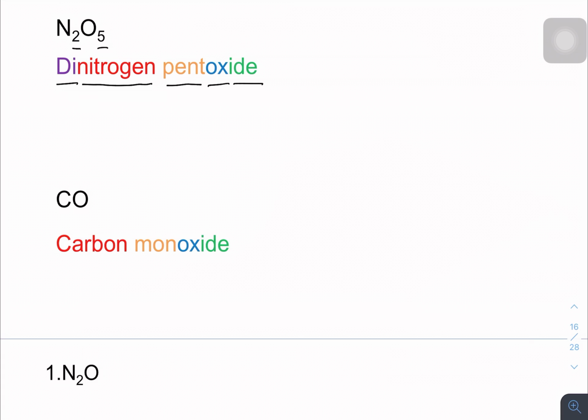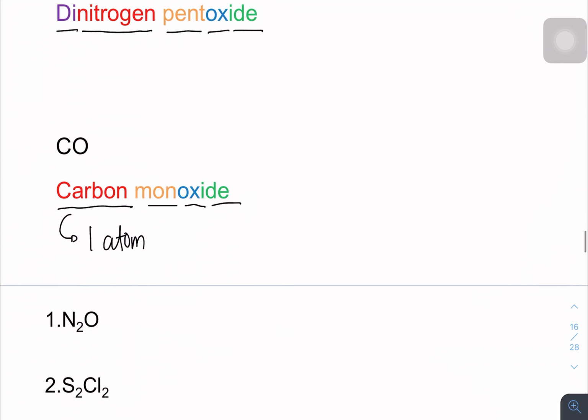We just write the name of the element, and it is already implied that there is only one atom of carbon present. However, for the second element, it is necessary to add the prefix mono to indicate there is only one atom of the second element. The root name of oxygen is ox, followed by the suffix IDE. Overall, the name will be carbon monoxide.